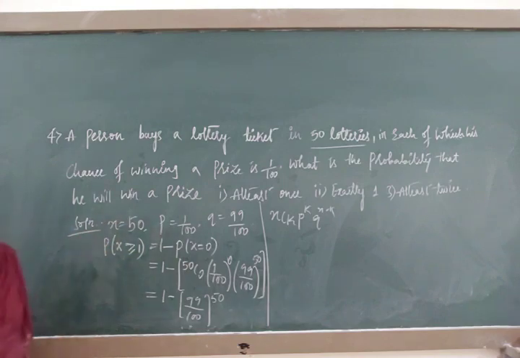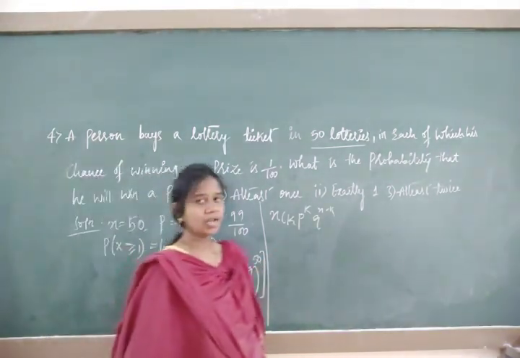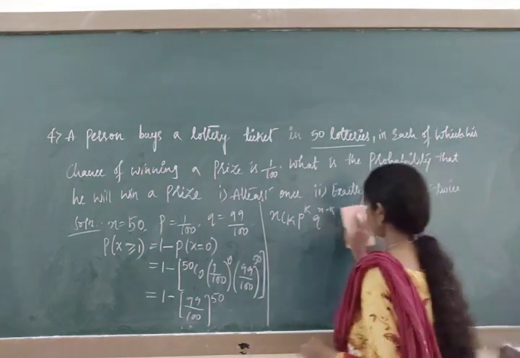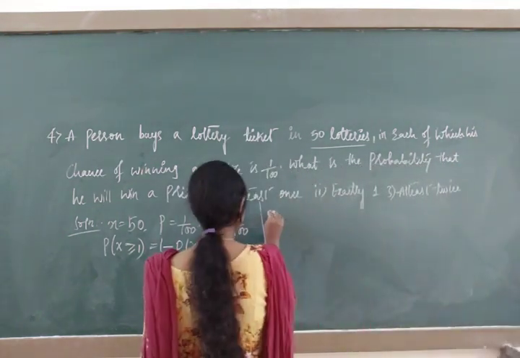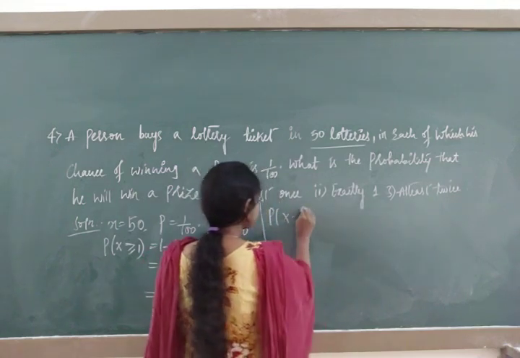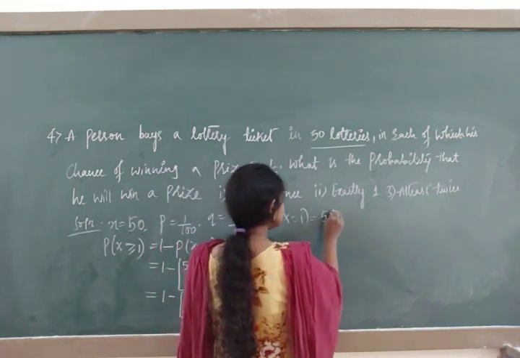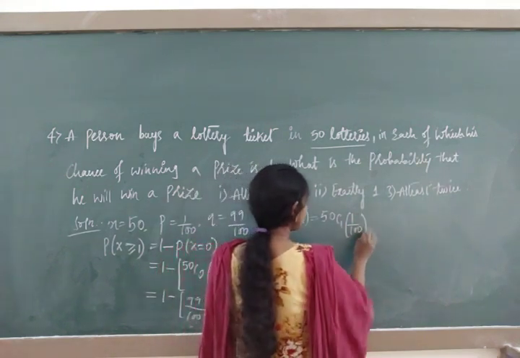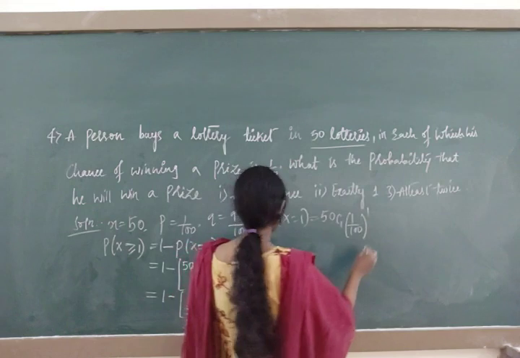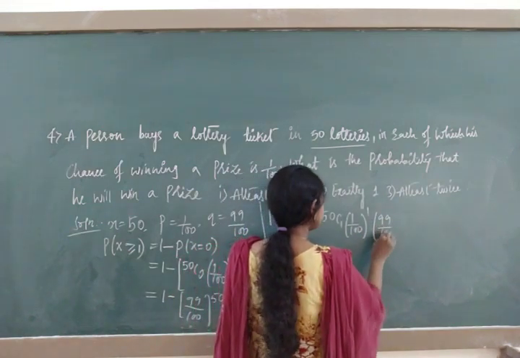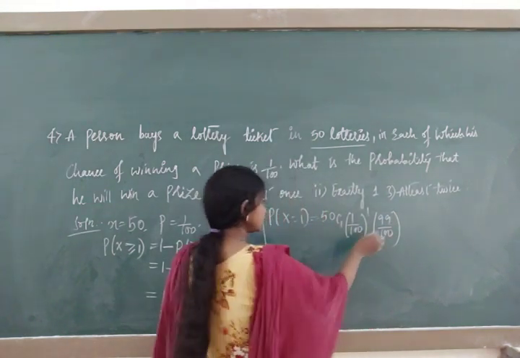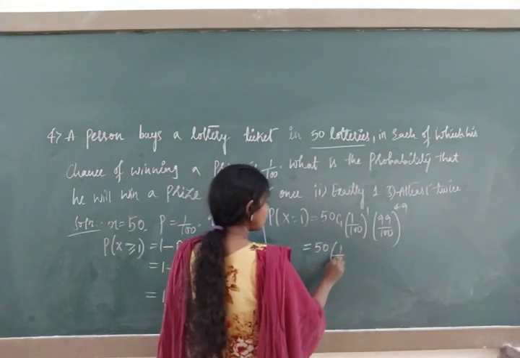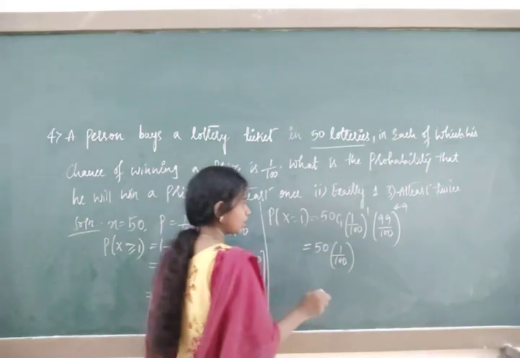The second one is exactly one. In this formula, the k value is 1. So the second bit, P of x is equal to 1: 50C1, 1 upon 100 whole to the power of 1, the q value is 99 by 100 to the power of 50 minus 1, that is 49. 50C1 means 50, 1 upon 100 whole to the power of 1 means 1 upon 100.